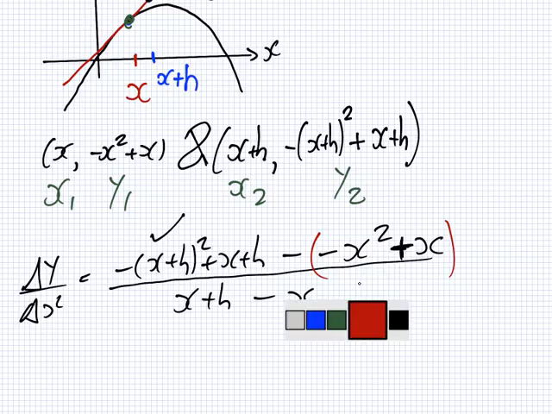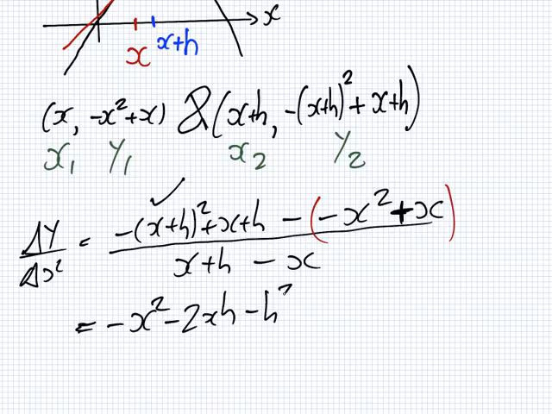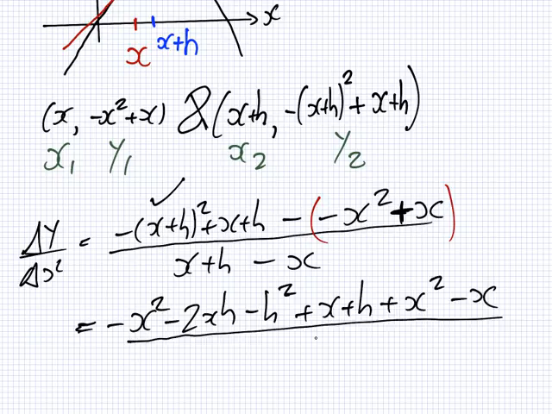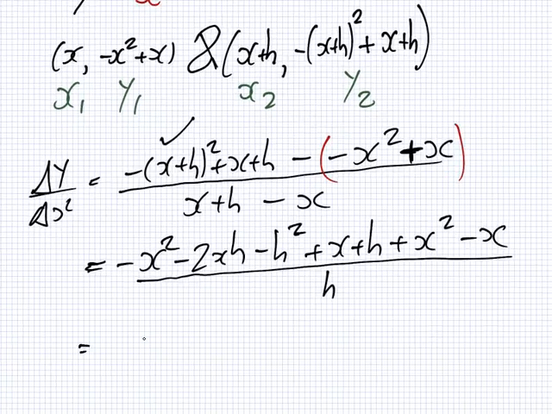Preferred? Yeah. Okay. So on the top, I'll get minus x squared minus 2xh minus h squared plus x plus h plus x squared minus x. And then on the bottom, I'll just get h. So on the top, let's see, minus x squared and x squared cancel.